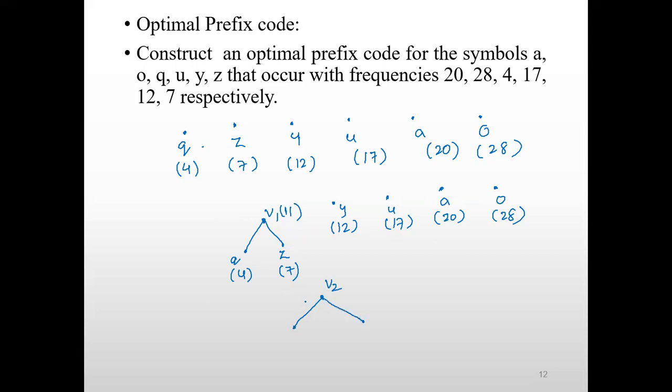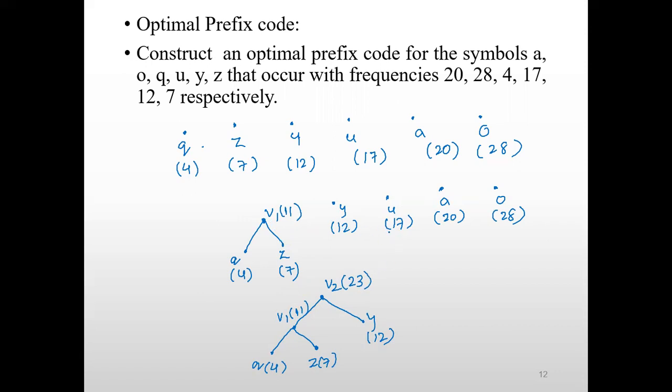So here we are adding V1 and Y, so we will get V2. V1 retains the previous structure: V1 has weight 11 with Q 4 and Z 7, and with V1 we have added Y with the weight 12. By adding 11 and 12 we get the value 23. This is the new weight we are getting, and again we need to make an arrangement.